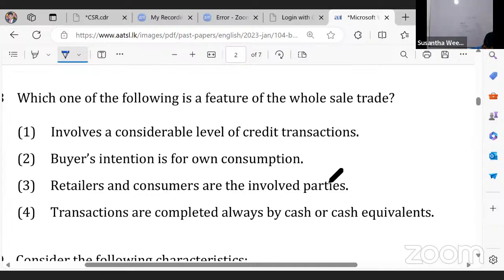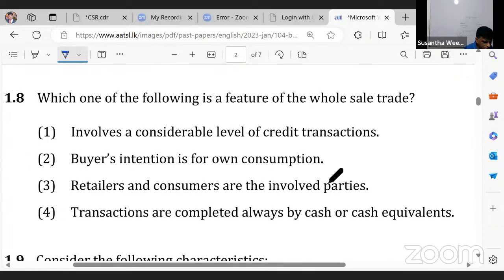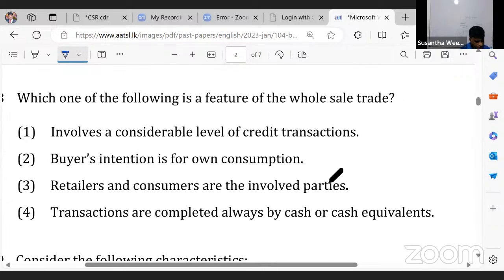Which one of the following is a feature of a wholesale trader? Involves considerable level of credit transactions. Buyer's intention is for own consumption.